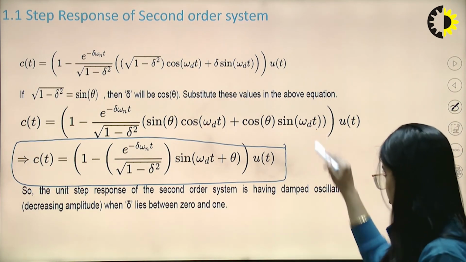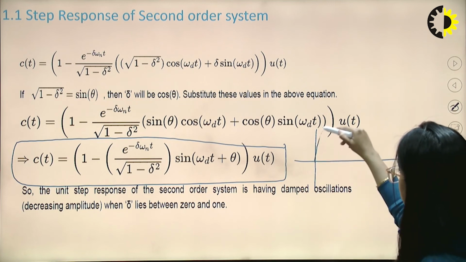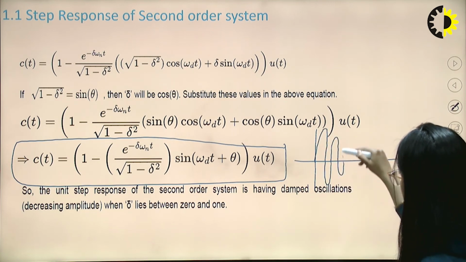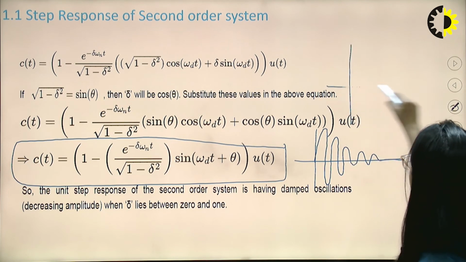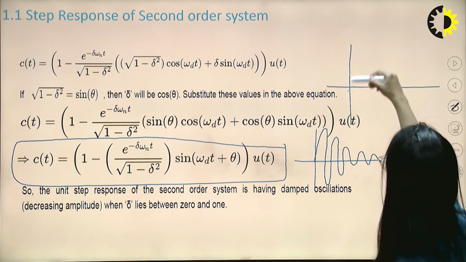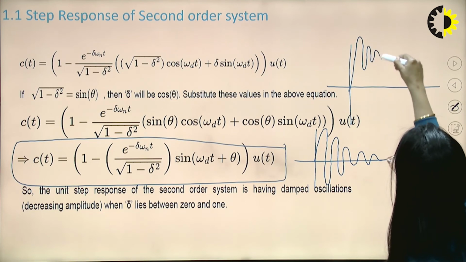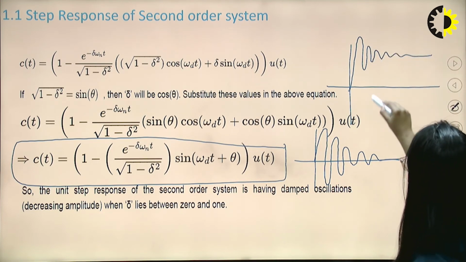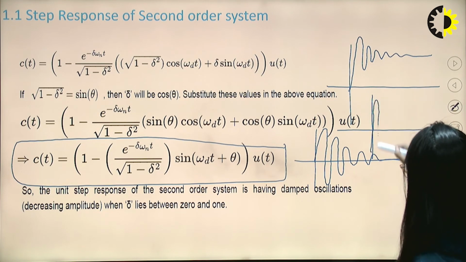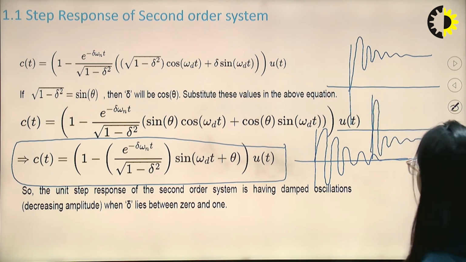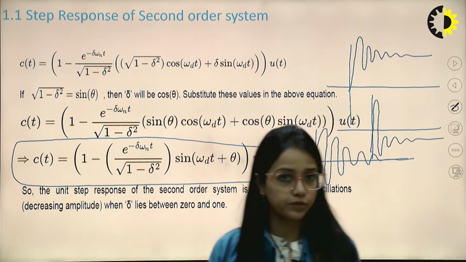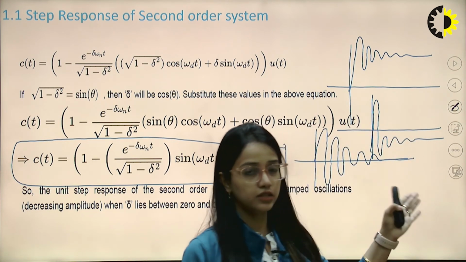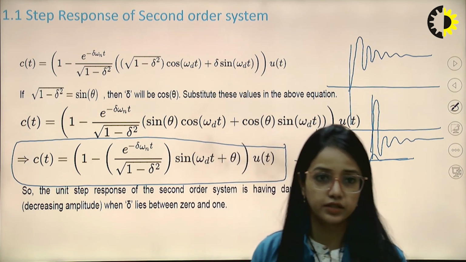So damped oscillation means the system will be having this kind of output, or based on the particular system we can have any kind of output. Damping means the resultant amplitude goes on decreasing.